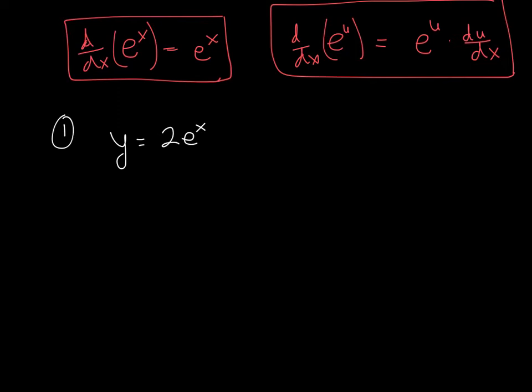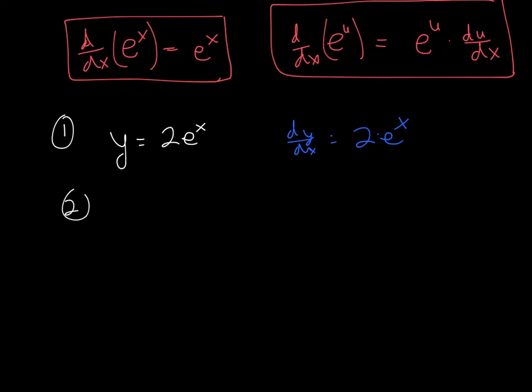If I differentiate that, I've got 2 times my function e to the x. So the derivative is simply 2 times e to the x.